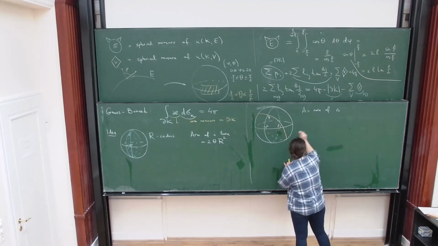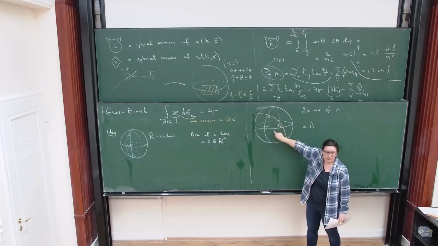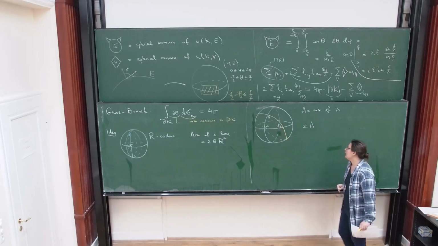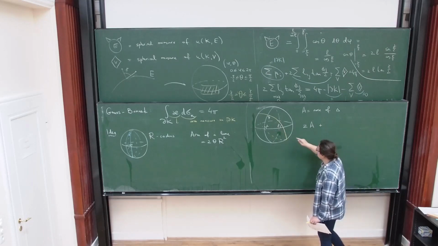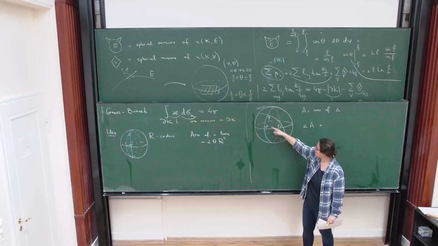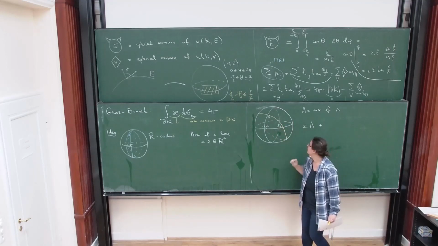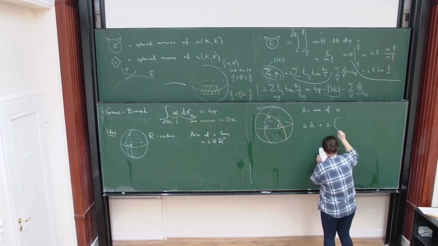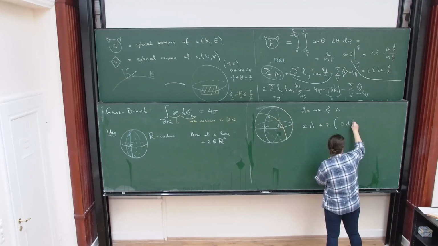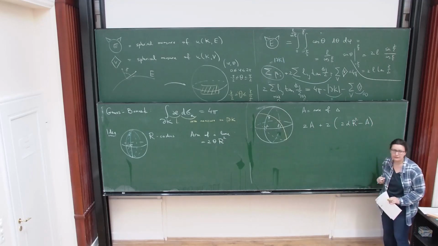What I get, I will write as follows. I take into account 2 areas of this triangle, one at the front and one at the back. Now I should take twice the area of this loon and subtract twice the area of the triangle from there, because each loon contains the triangle. So I will have twice the area of the loon minus the area of the triangle.